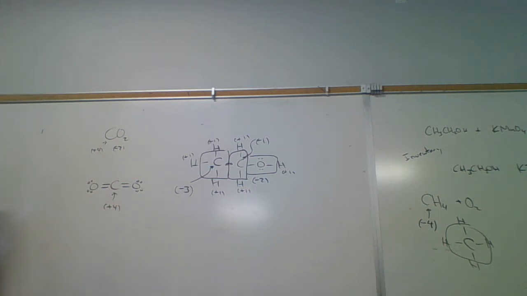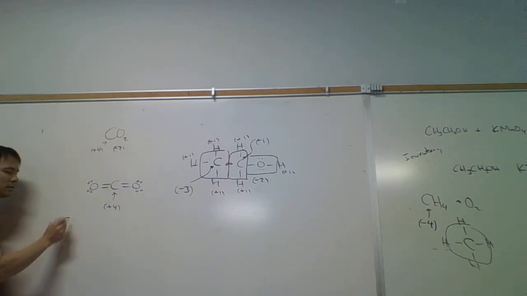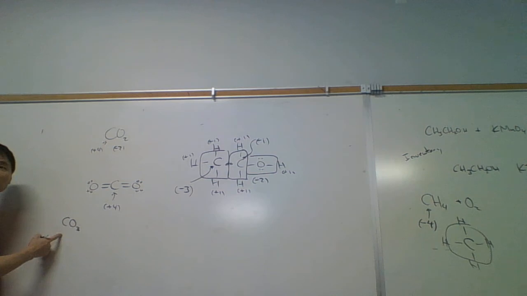What's special about +4 on carbon? I don't know if you guys recall. This is called carbon dioxide. Do you remember me ever talking about carbon trioxide? What did I say about carbon trioxide? It's not possible. Why is it not possible? You can have a bond to 3 oxygens, it's not possible for another reason.